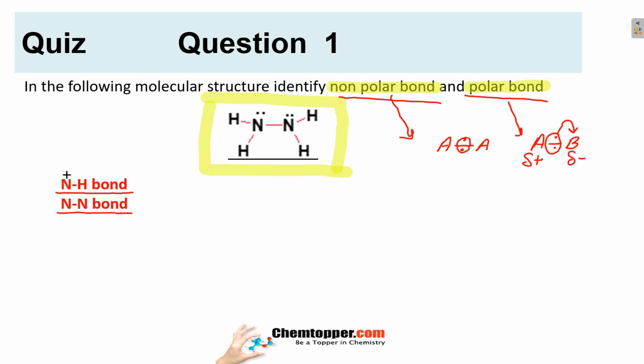Now this question becomes very easy after understanding these two points. Nitrogen-hydrogen bond is a chemical bond between two different atoms, so it's going to be polar in nature. And in nitrogen-nitrogen bond we have identical atoms bonded to each other, so this is going to be non-polar bond.